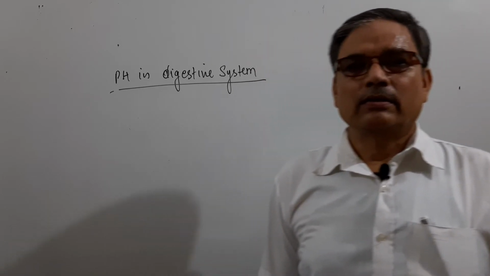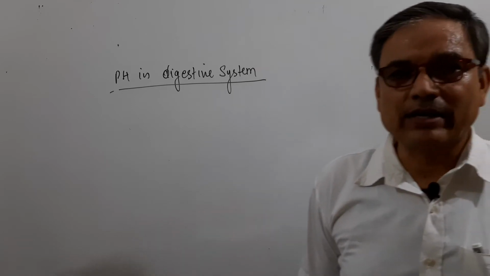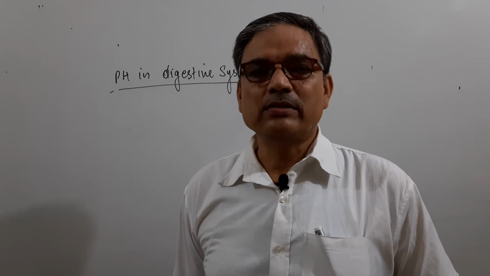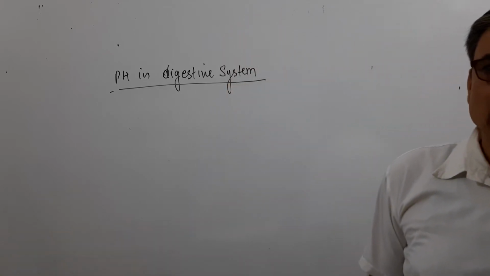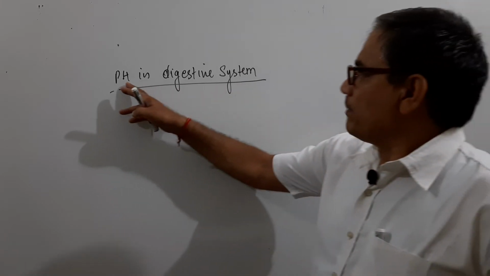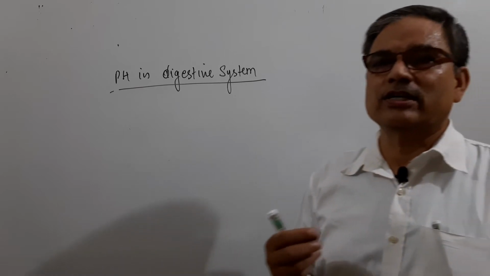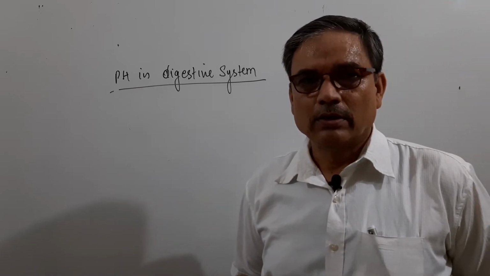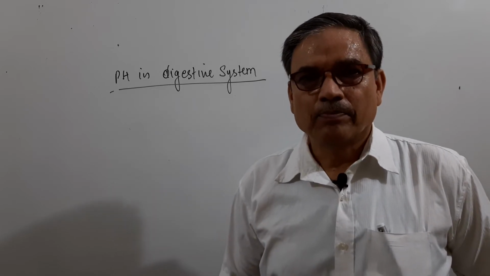But if the mucus layer is damaged, then our stomach will be affected, and it may cause different types of disease like ulcer. It means there is HCl in our stomach which helps in digestion of the food and also kills the germs.